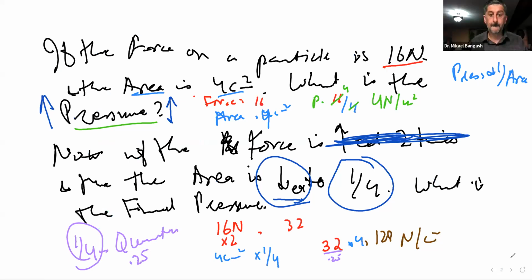So the final pressure will increase 8 times, right? Total, 2 from the force and 4 from the area. So if the initial pressure was 4 and it increases 8 times, my answer was still 32.